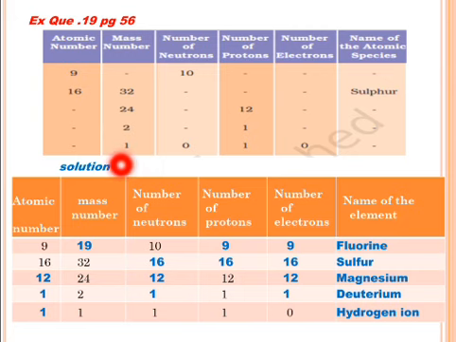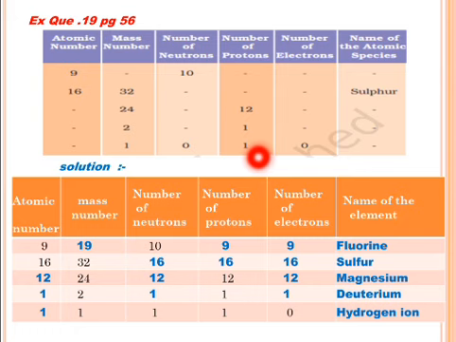Now see the last part of this question. With mass number 1, number of neutrons 0, number of protons 1, number of electrons 0, you have to identify this element and also tell its atomic number. So students, atomic number can be calculated from the number of protons.